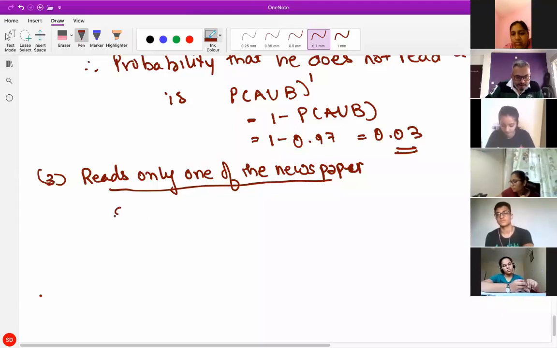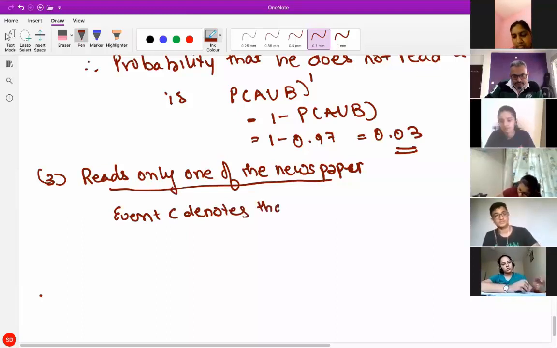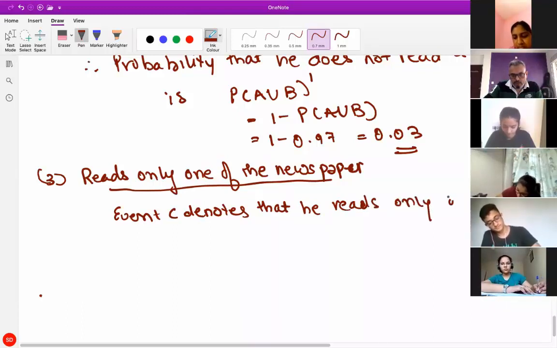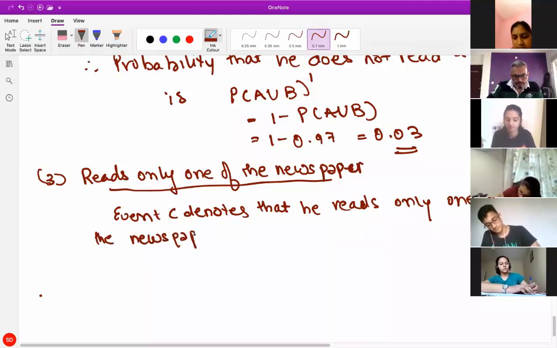Let's say event C denotes that he reads only one of the newspaper.